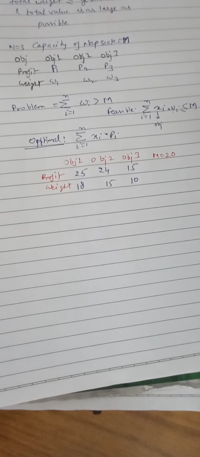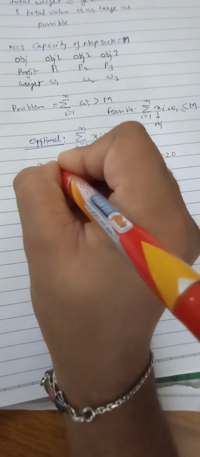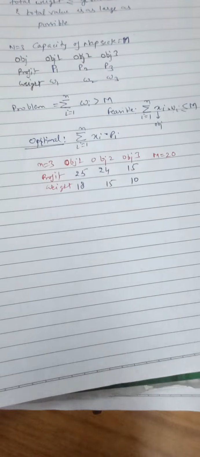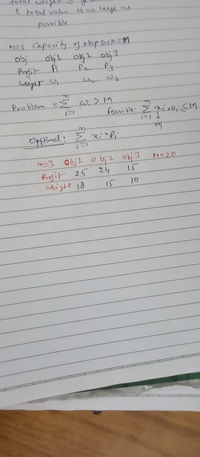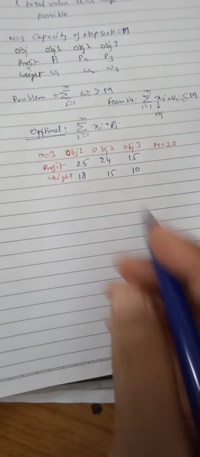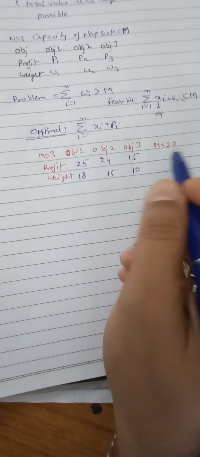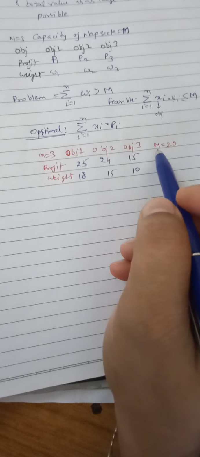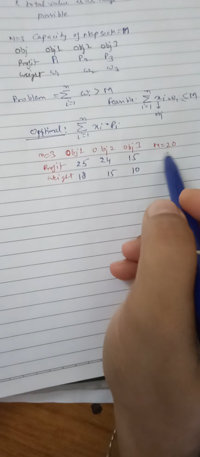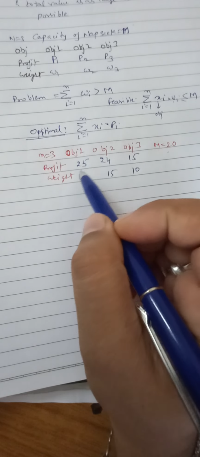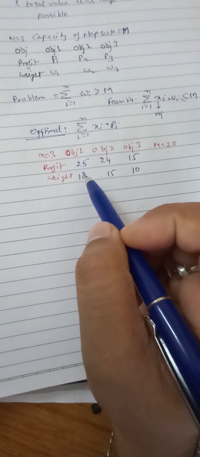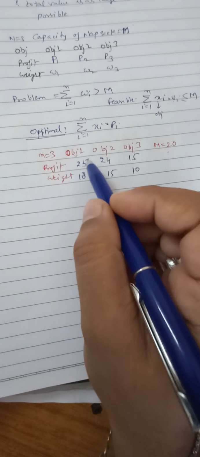The number of objects n is 3 here. So how are we going to do this? Because the total capacity is 20, we can take only 20 of weight. Object 1 has weight 18, so we leave it as it is. We are not taking it, even though its profit is 25.